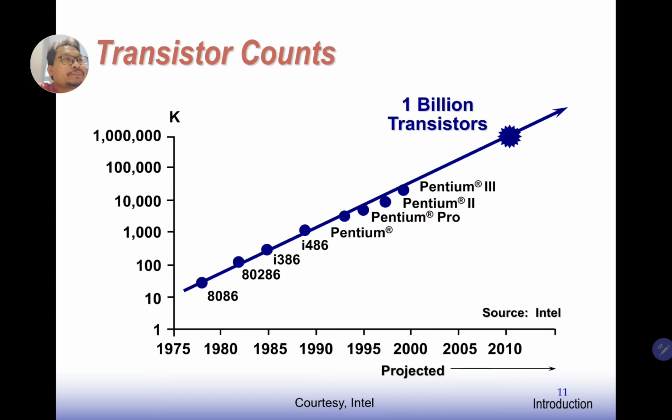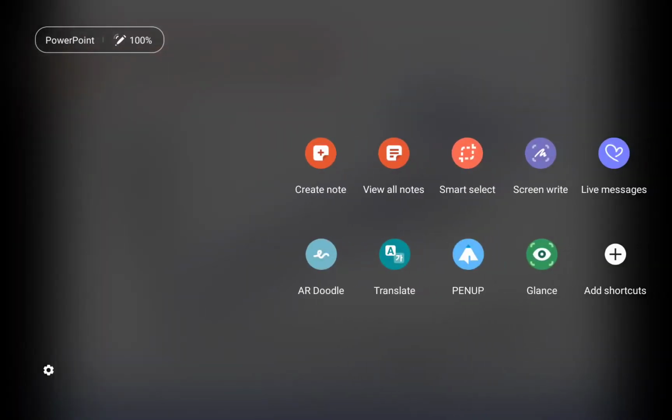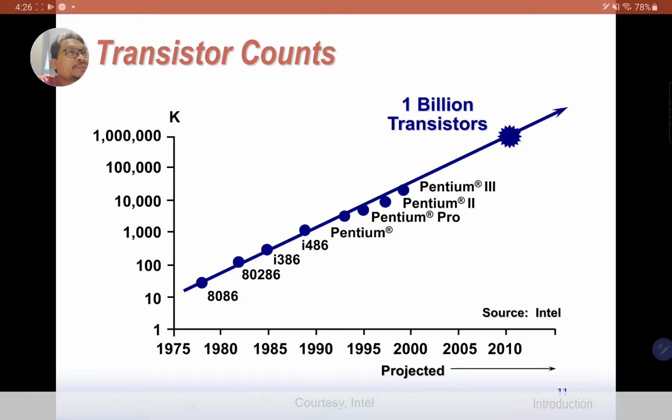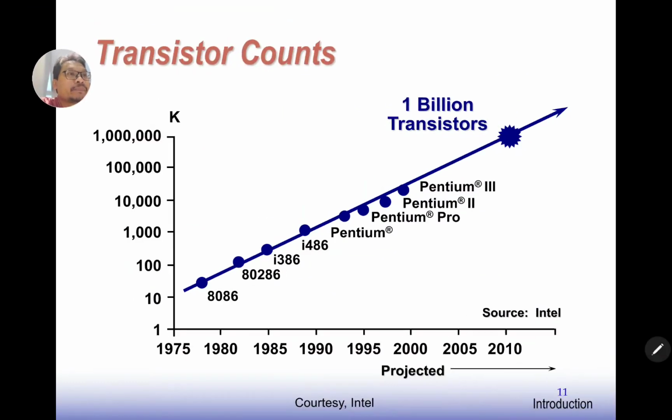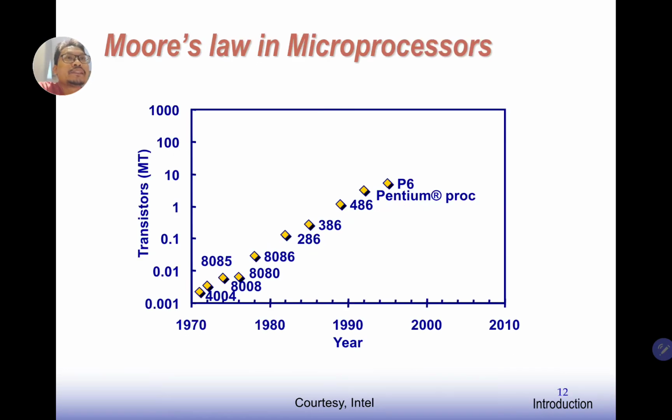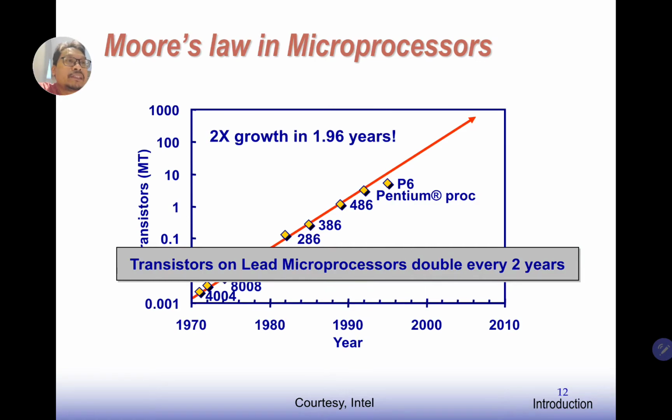In 2010, basically the same thing is what Moore's law is saying, that the number of transistors doubles every 18 months. So let's go on to the next one. Again, the Moore's law concept. Transistors on the chip double every 2 years, 18 to 24 months.